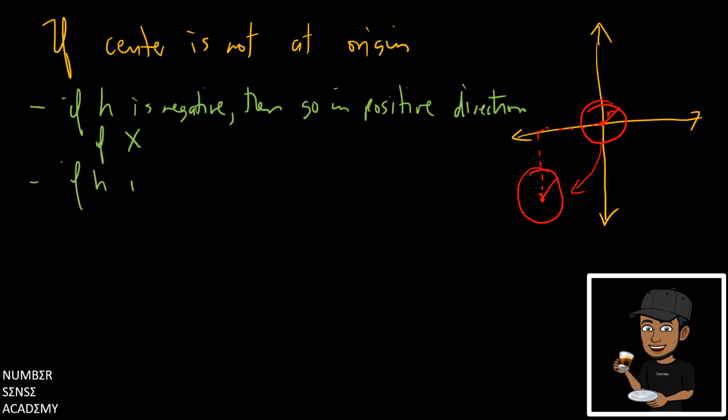If h is positive, and let me just read it, so if it's negative, then I'm going this way. I'm moving my circle that way. If h is positive, then go in the negative direction.